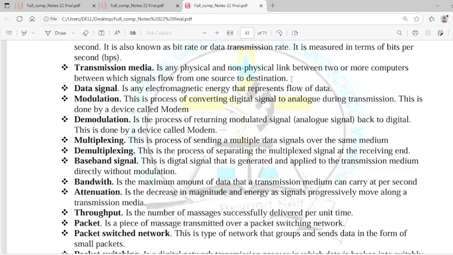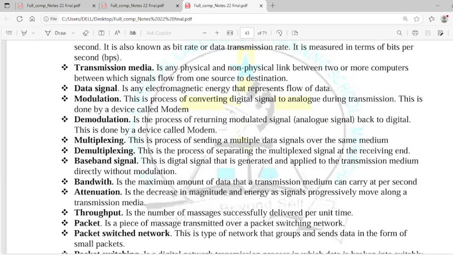But if you are using Bluetooth, then that is non-physical. Using Wi-Fi, the wireless fidelity, that is non-physical. And if you are using cables like the Ethernet cable, the twisted pair cables and so on, that is physical.